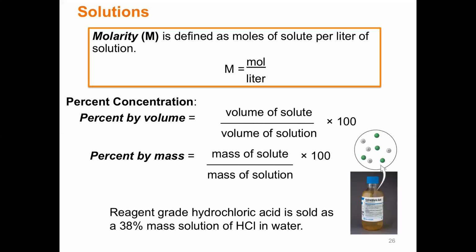Another way of doing it is percent by mass, so the mass of the solute in the mass of the solution. If you take that hydrochloric acid that we're dealing with in lab, we're expressing it in molarity, but if you look at the jug of hydrochloric acid, I've got a picture of it here, it's actually sold as a 38% mass solution of hydrochloric acid in water.